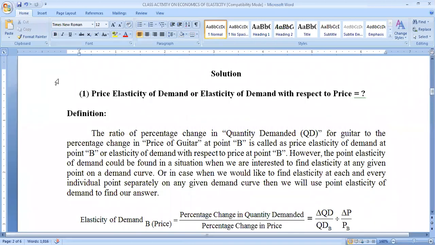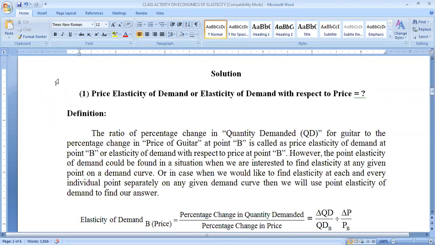The ratio of percentage change in quantity demanded for guitar to the percentage change in price of guitar at point B is called price elasticity of demand at point B, or point elasticity of demand, right? However, the point elasticity of demand could be found in a situation when we are interested to find elasticity at any given point on a demand curve. I've already explained it earlier.